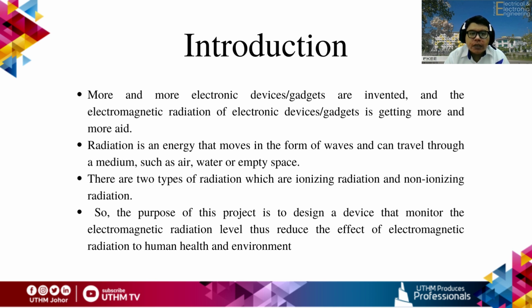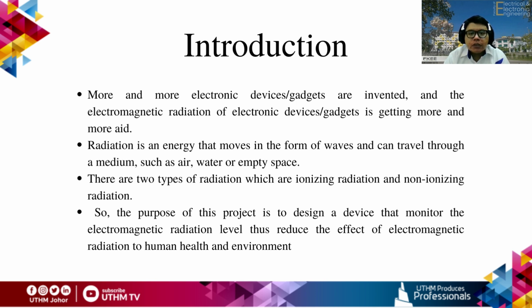Radiation is an energy that moves in the form of waves and can travel through a medium such as air, water, or empty space. There are two types of radiation, which are ionizing radiation and non-ionizing radiation.